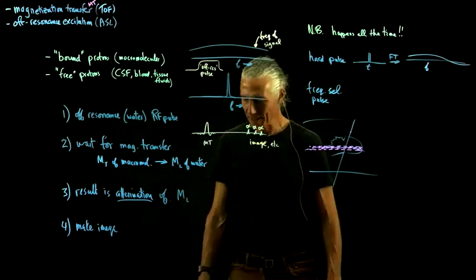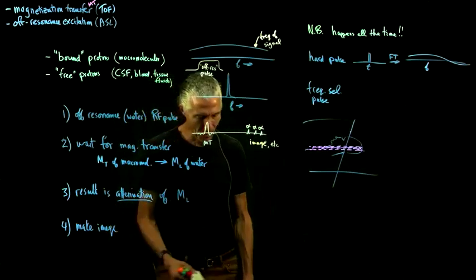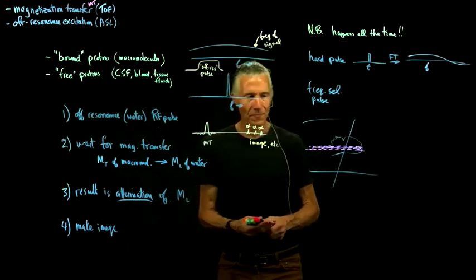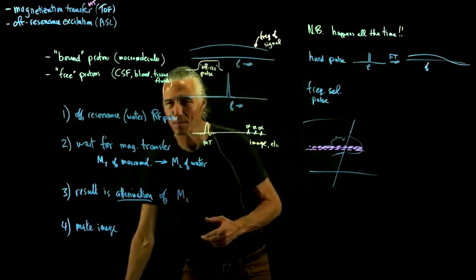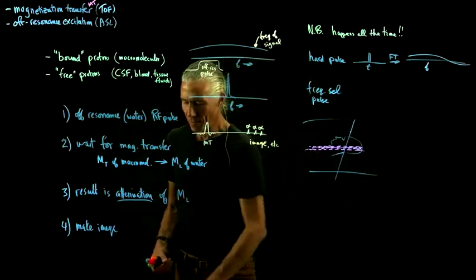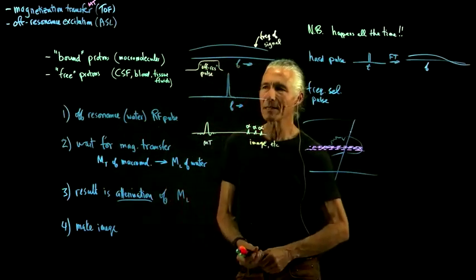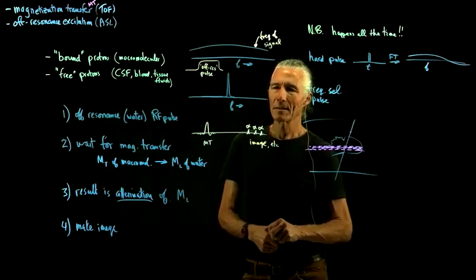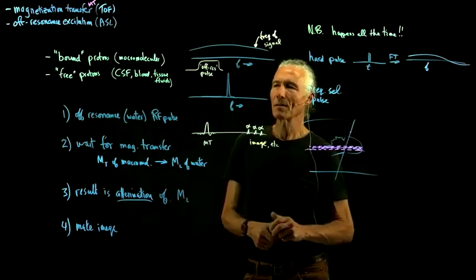So what is magnetization transfer used for? Well, like I said, why haven't you heard about this? If you know anything about MRI, you probably haven't heard of this. It's partly because it's not that common, and one of the reasons is the signal to noise is less. The overall signal to noise is less.